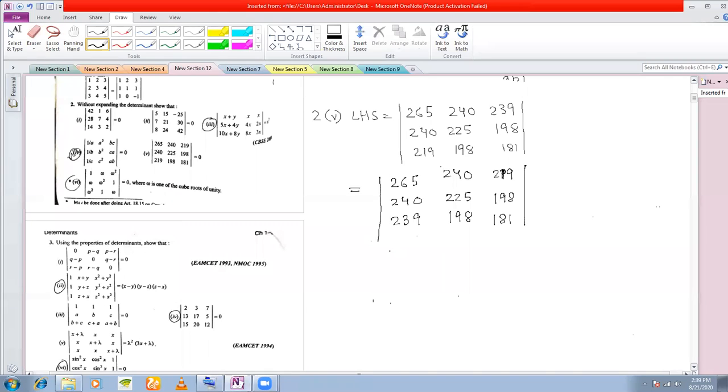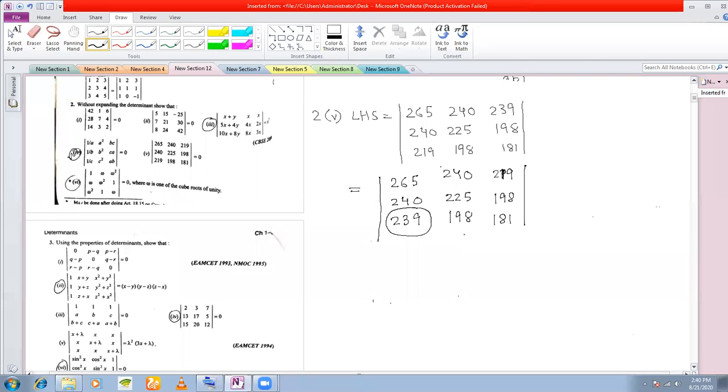Okay. Yes, sir. We have 219, 198, 181, 265, 240. This we are getting 239. The only problem is with this element, no? All the others are same, no? 265, 240, 219, 240, 225, 198, 198, and 181.